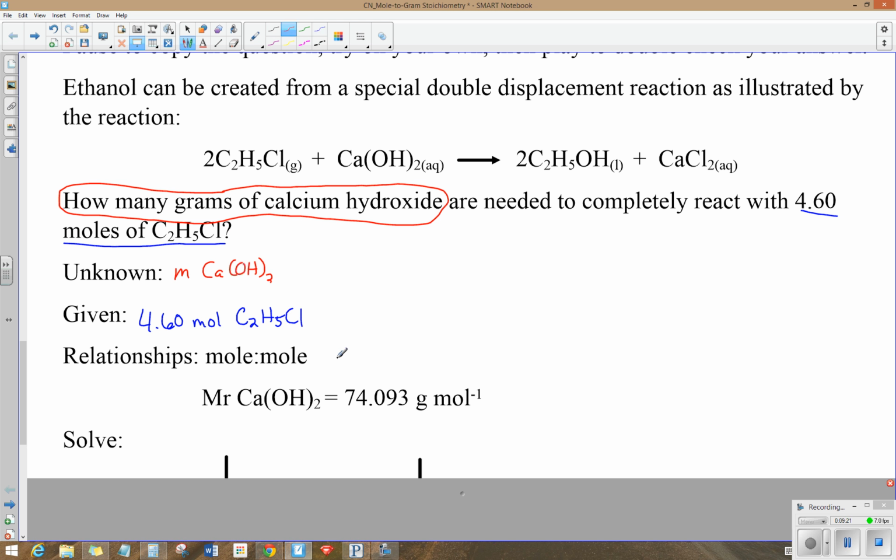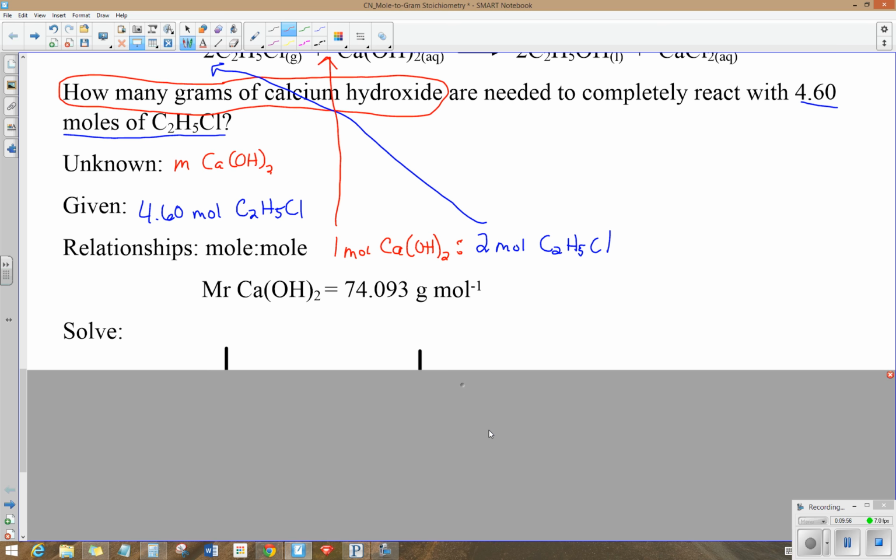So our unknown is calcium hydroxide, so 1 mole of calcium hydroxide is related to, our given is C2H5Cl, so 2 moles C2H5Cl. And just to emphasize here, the 2 moles came from the coefficient here, and the 1 mole came from the coefficient here. Okay, mole ratio. Here we have the molar mass of calcium hydroxide.